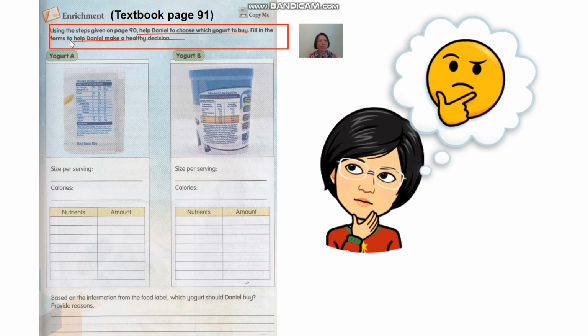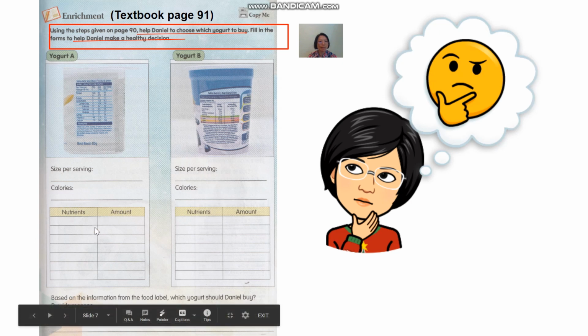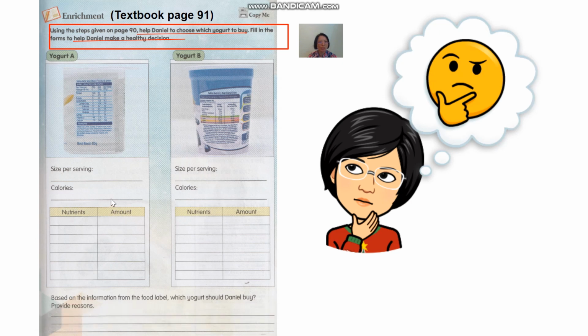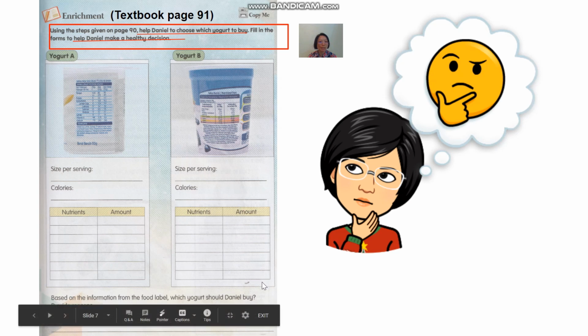Now, as you can see here, we have yogurt A and yogurt B. So we have to look at the food label here to get the information on the size per serving, total calories, types of nutrients, and the amount of nutrients. So we have to fill in the information for both yogurt A and yogurt B. And lastly, we need to answer this question.